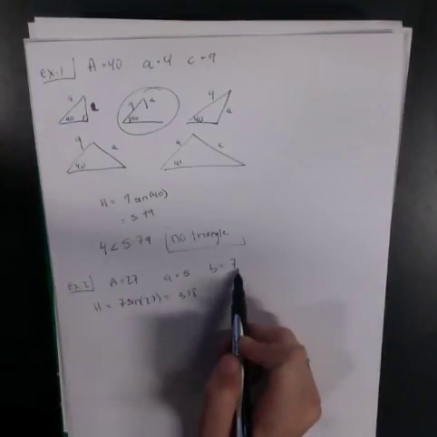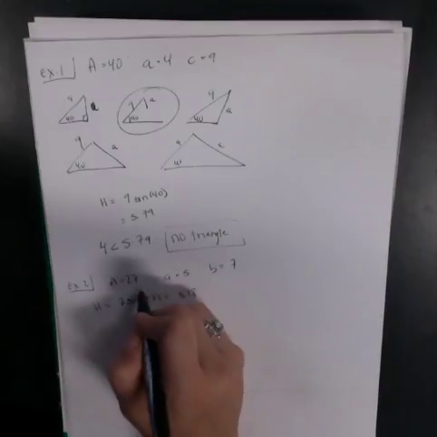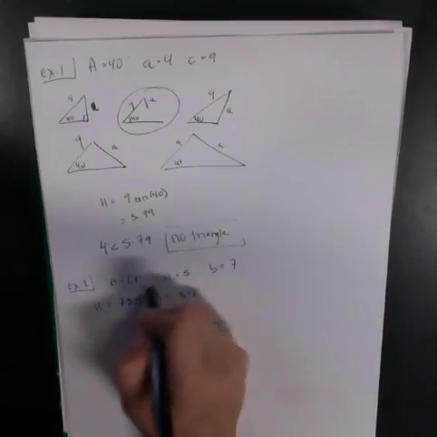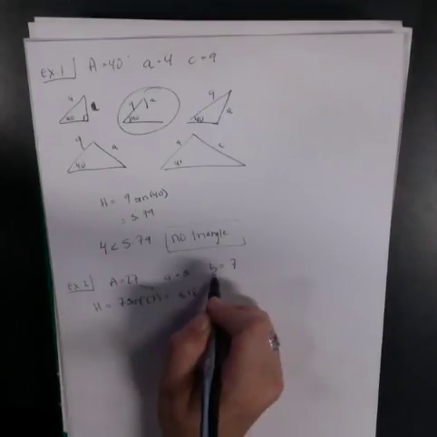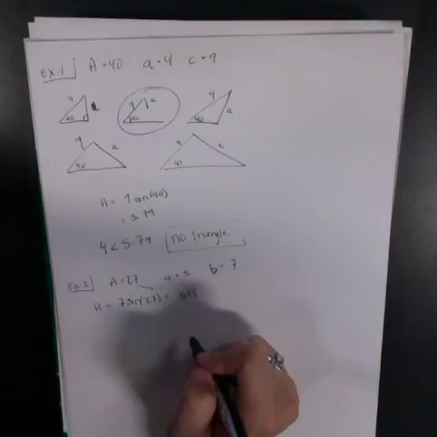Now I know that I use b here because I have alpha and a, right? These two go together, which means I use the opposite side, which is b, as my hypotenuse. Okay.